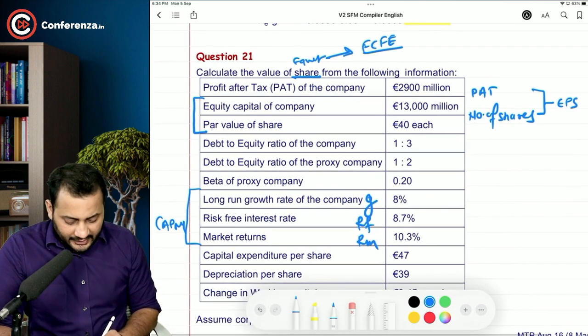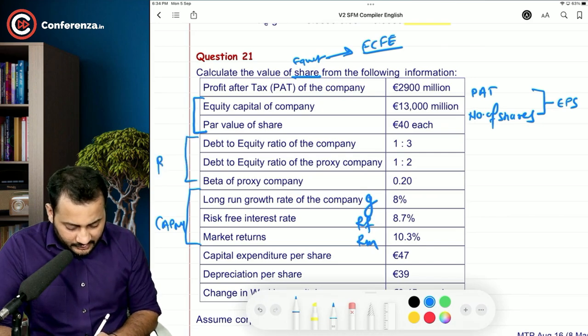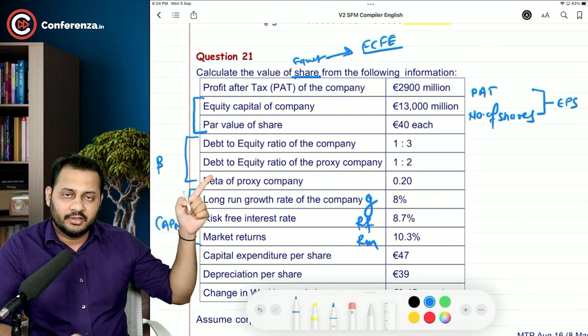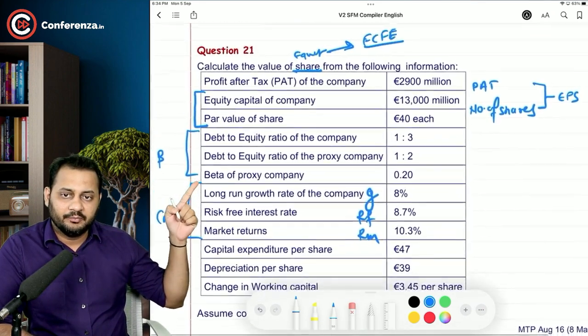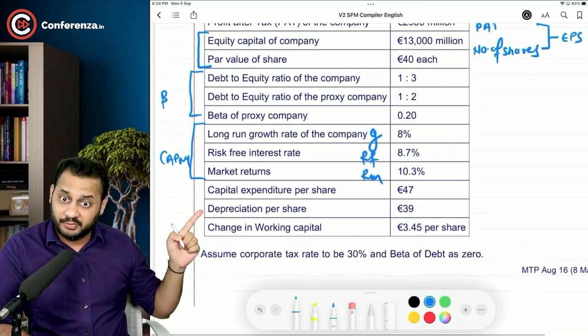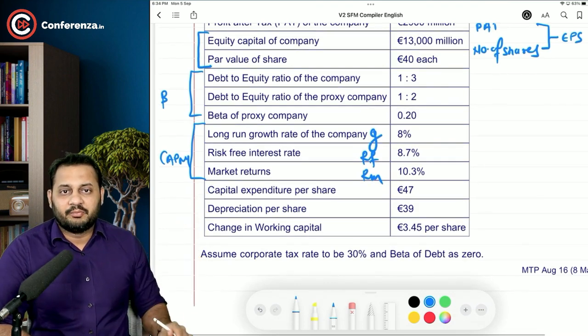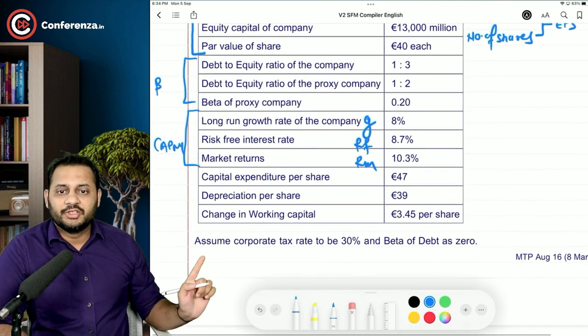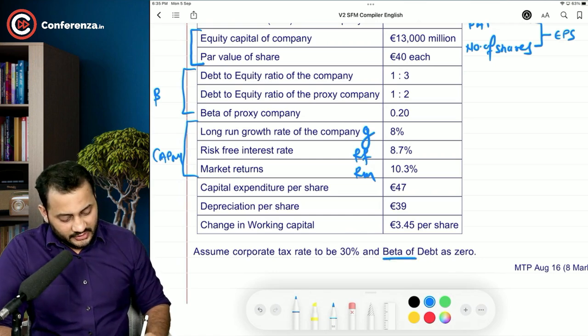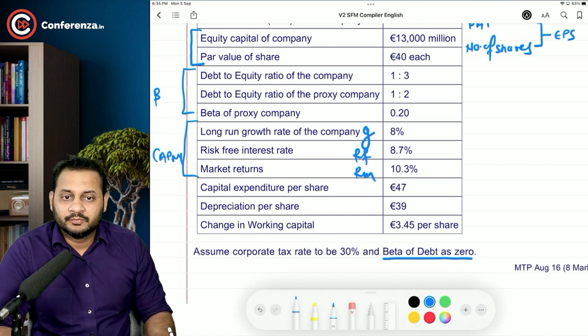And now the beta related information will be here. Everything related to beta. Now this is CAPM. Okay, now capital expenditure per share, depreciation per share, and change in working capital. Assume the corporate tax rate to be 30% and beta of the debt as 0.